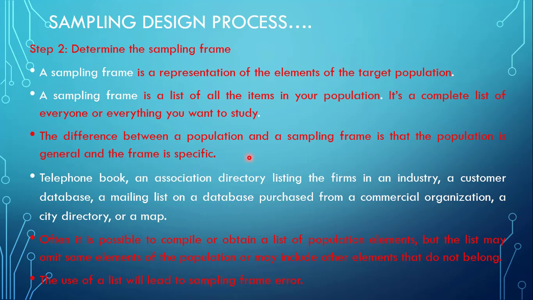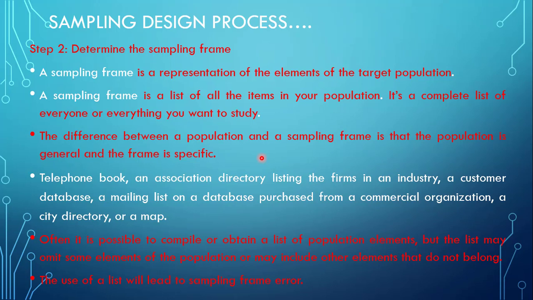So a sampling frame is a subset of your population. It could be acquired from different sources, and you could have lists from different sources. This is the difference between population and sampling frame: the sampling frame is a focal area. Population is the general thing, and the sampling frame is the focal area inside the population.